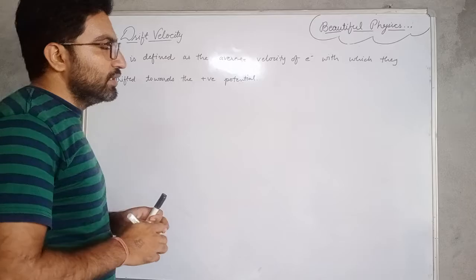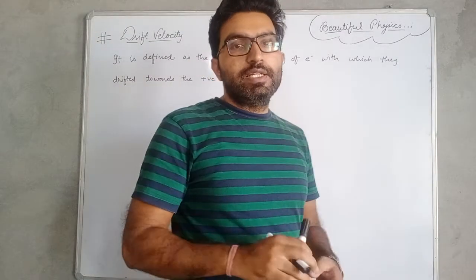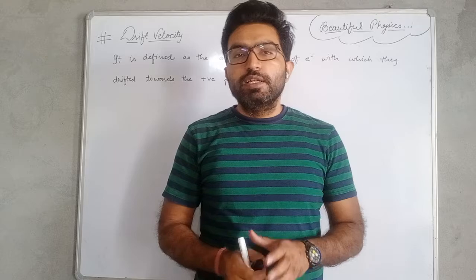Okay, average velocity of the electrons with which they drifted towards the positive potential is known as the drift velocity.